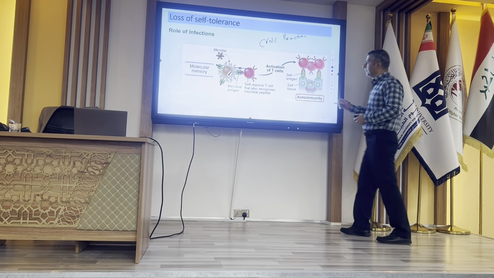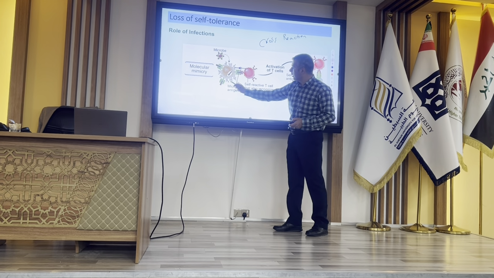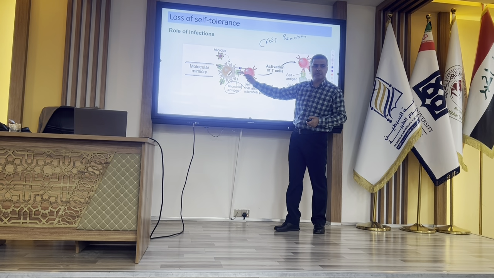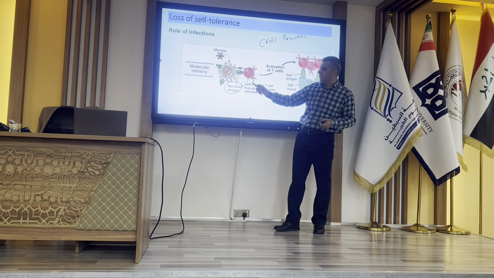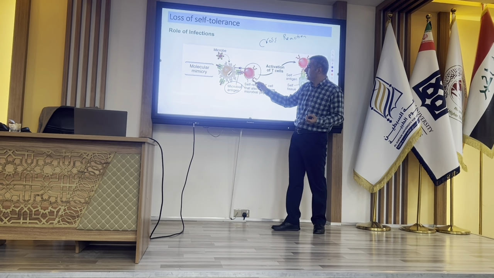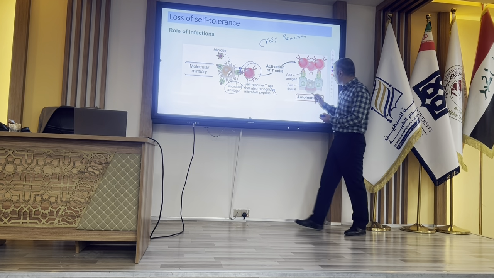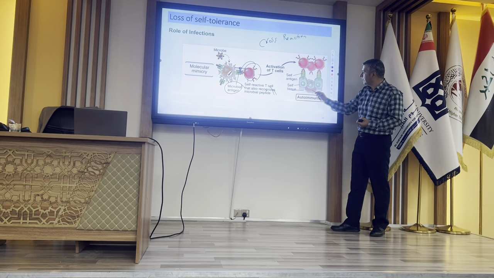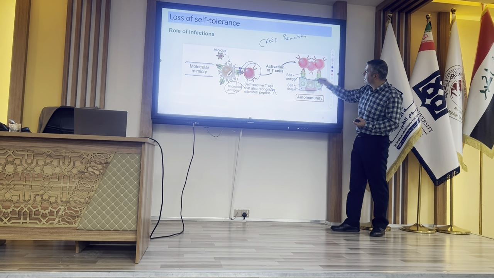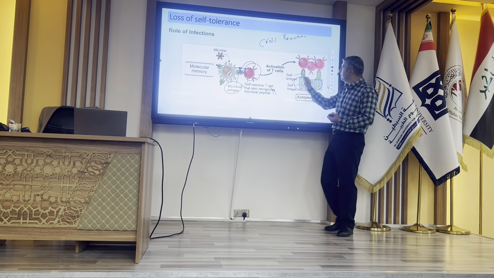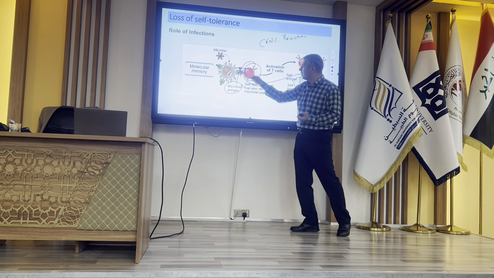So, for example, we have a microbial antigen here. And of course, we have immune response normally against this microbial antigen. But in normal tissue, this is a cell tissue, this tissue expresses some antigens that are similar to the antigen of the microbe.